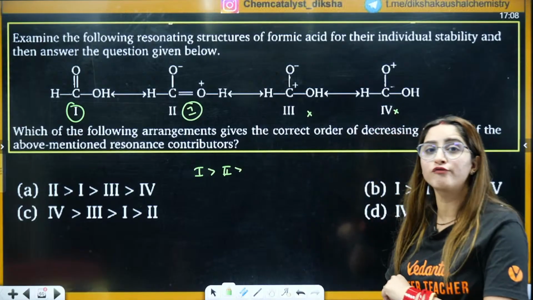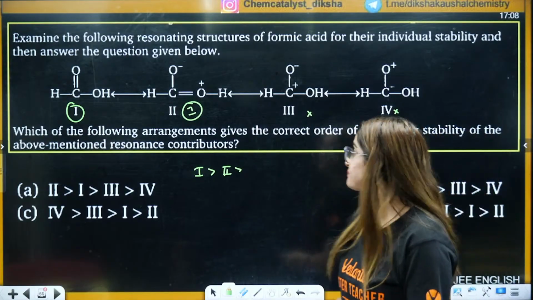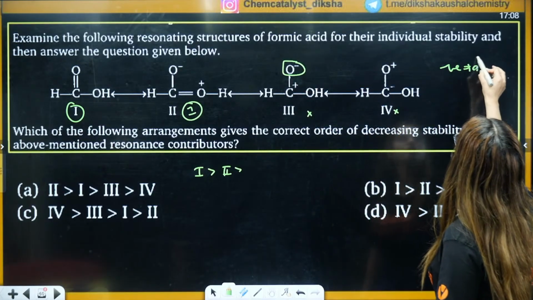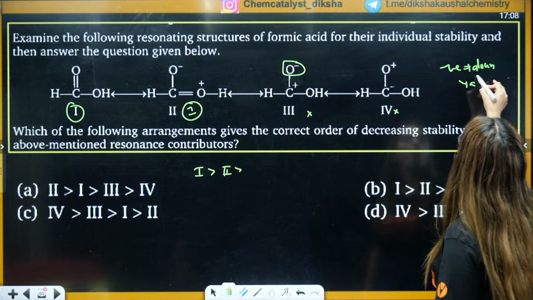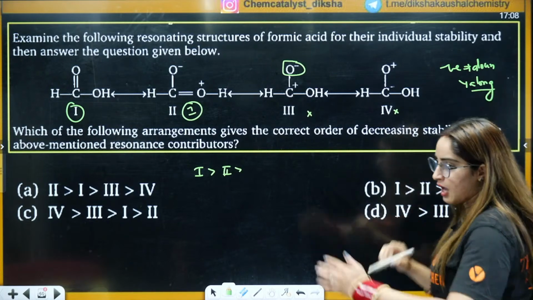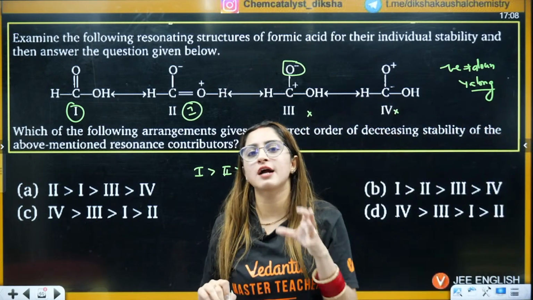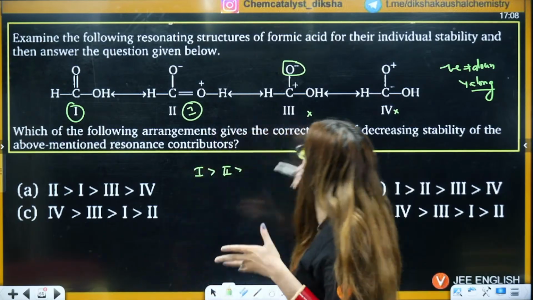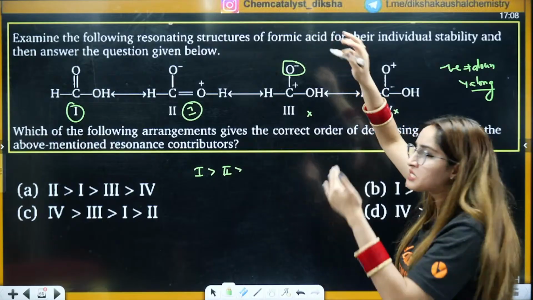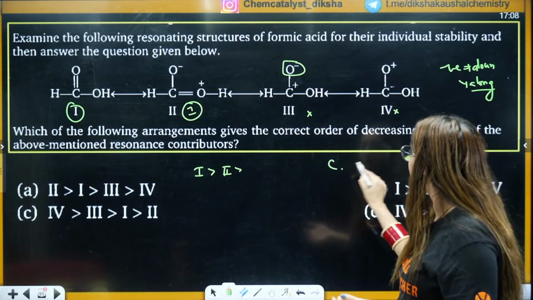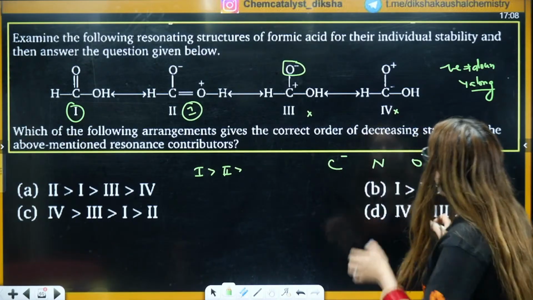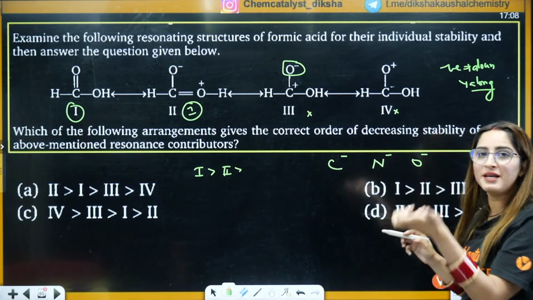Third point is, I look for the negative charge here. Negative charge is more stable down the group and along the period. Down the group the negative charge stability increases, along the period also it increases. Here you have carbon, nitrogen, oxygen, so oxygen will have the more stable negative charge here.